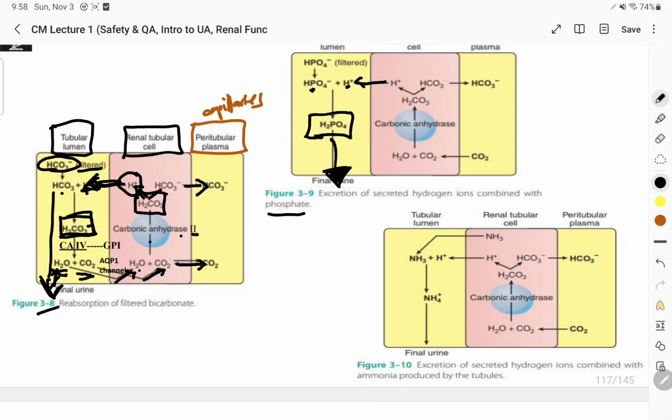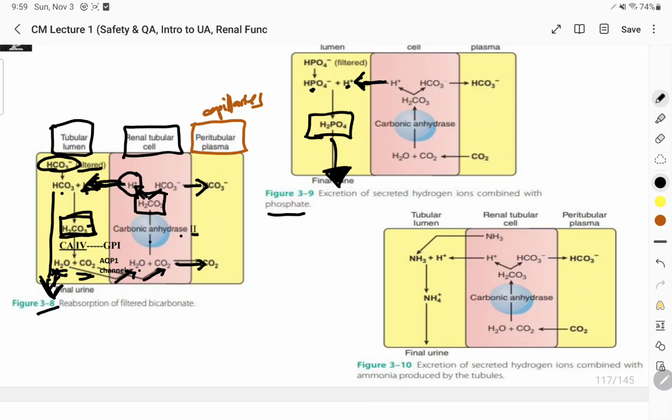Your hydrogen must be excreted out of the body. So there should be more reabsorption of bicarbonate and more excretion of hydrogen.